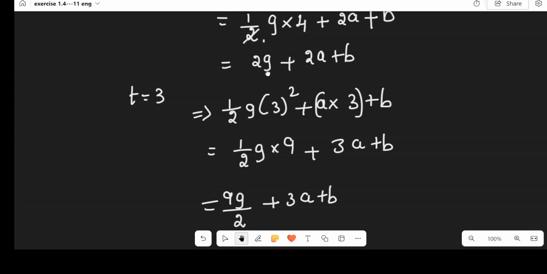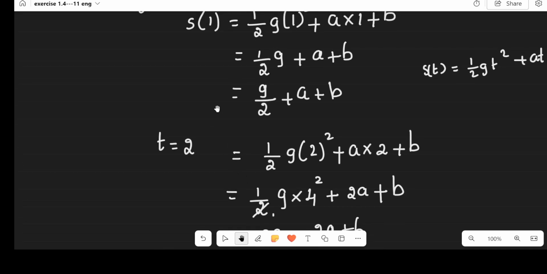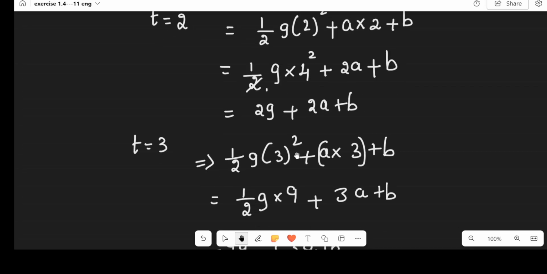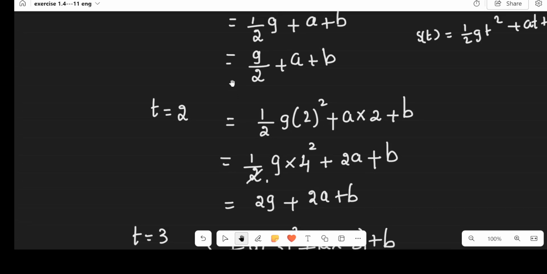This is 9g by 2, this is 2g, this is g by 2. So we are getting different values for different values of t. Whatever values we are giving for t, we are getting different values for s of t.